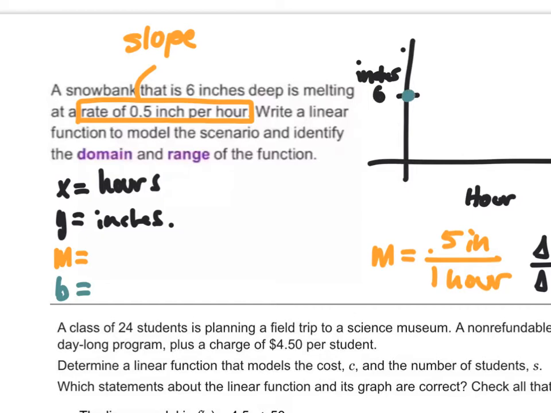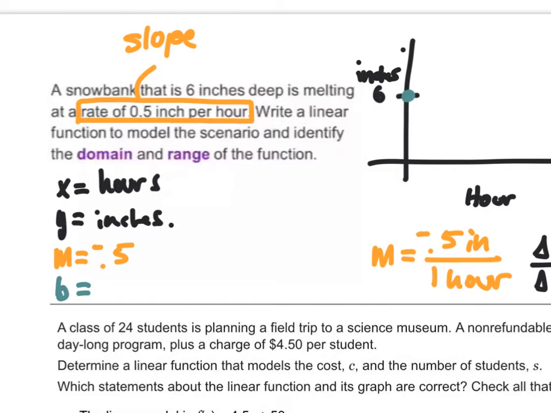And then if I'm going down at 0.5 inches per hour, let me write this over here, 0.5 inches per hour, the issue is that you're melting the snow. So when you melt the snow, the number of inches of snow is going to go down. So this is actually going to have a negative slope. Let me put a negative here and a negative here.